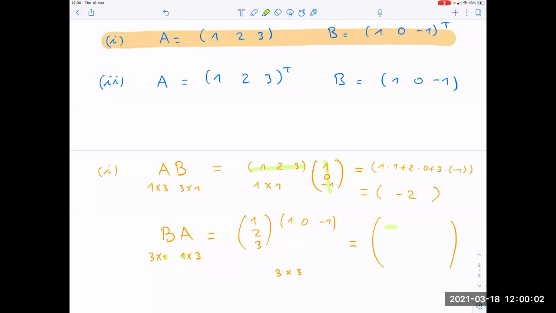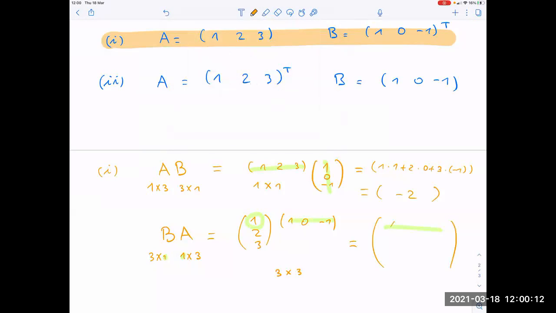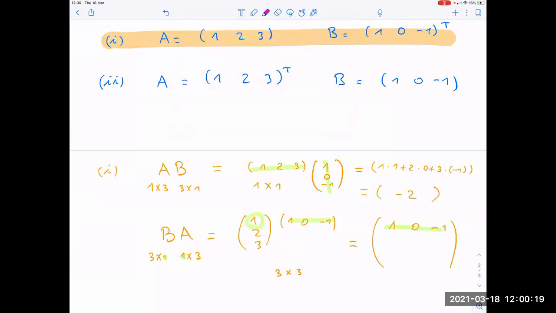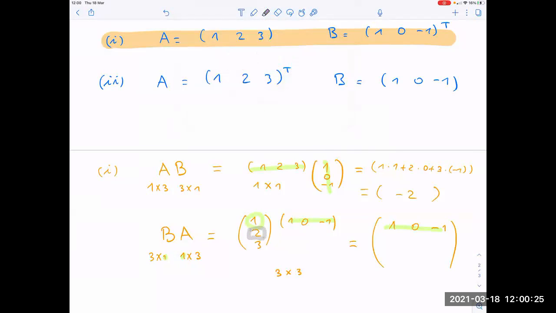So if I want to obtain the first result here, what do I do? I multiply this number by this row. So I will see 1, 0, minus 1. When I do the second row, I will multiply this number here, by the same row.